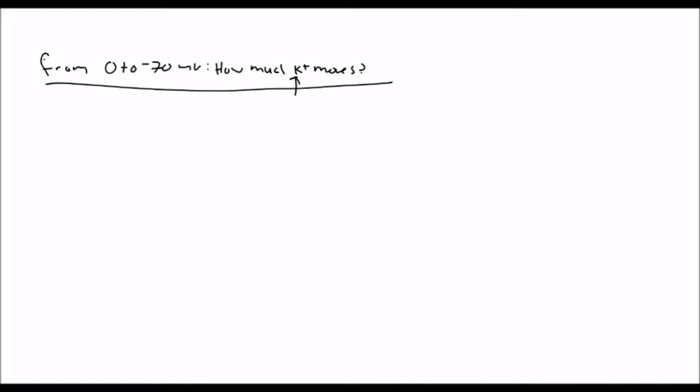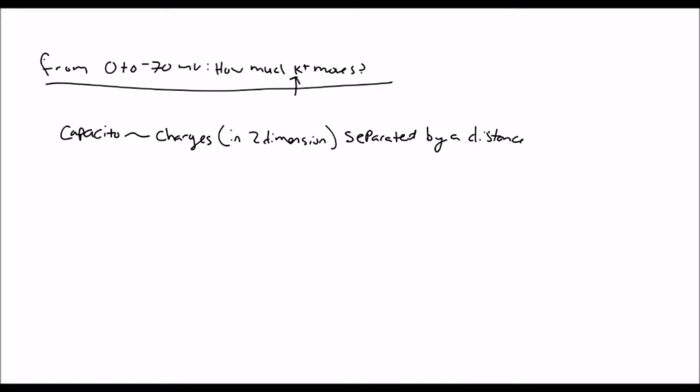So we'll treat the cell membrane like a capacitor, just like I showed you. And so we say that the cell is approximately a capacitor. In other words, if I draw my cell, I have a bunch of negative charges that line up along the membrane, and then I have a bunch of positive charges that line up on the other side of the membrane.